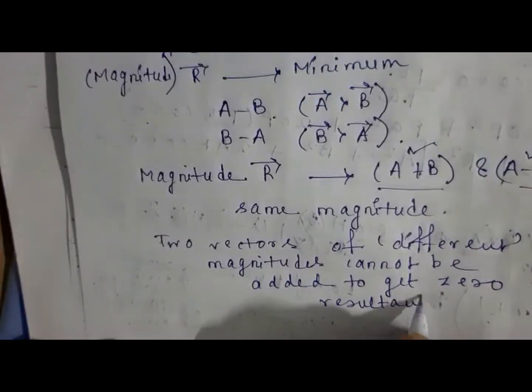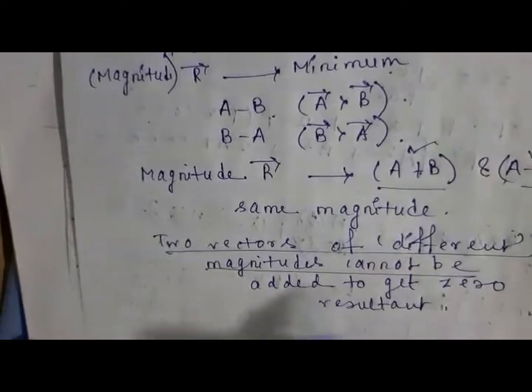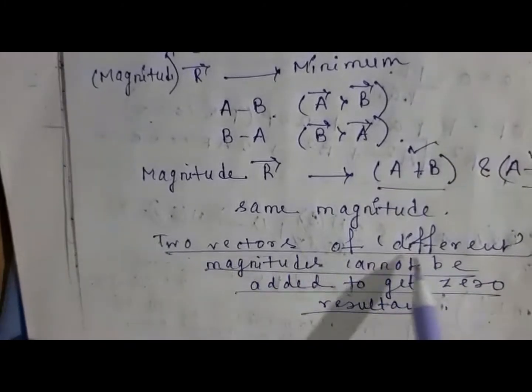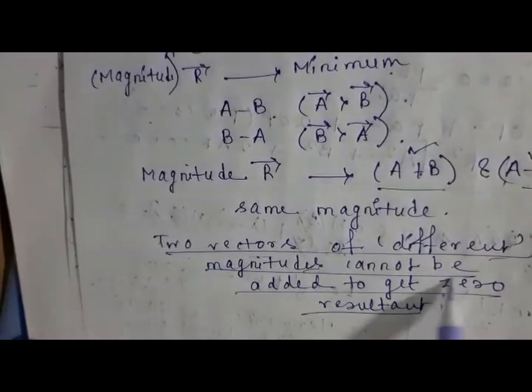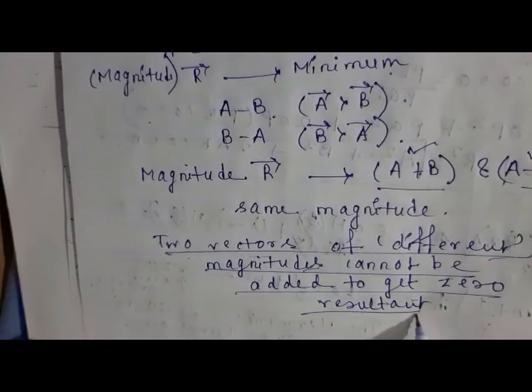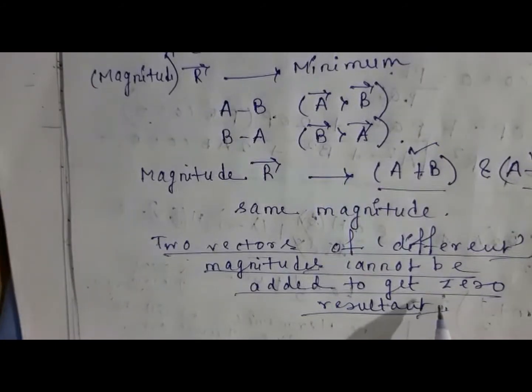So this you have to keep in your mind, that two vectors which have different magnitudes cannot be added to get a 0 resultant.